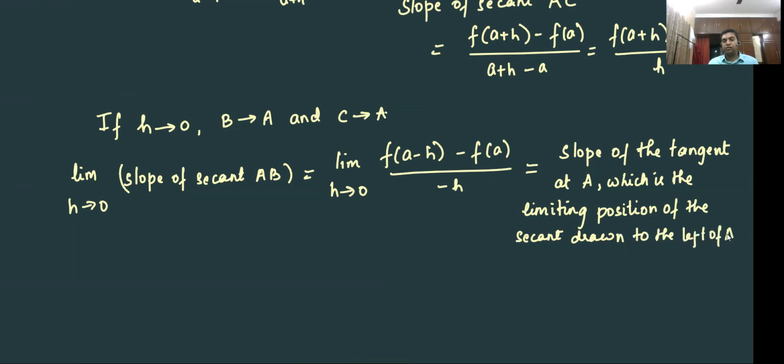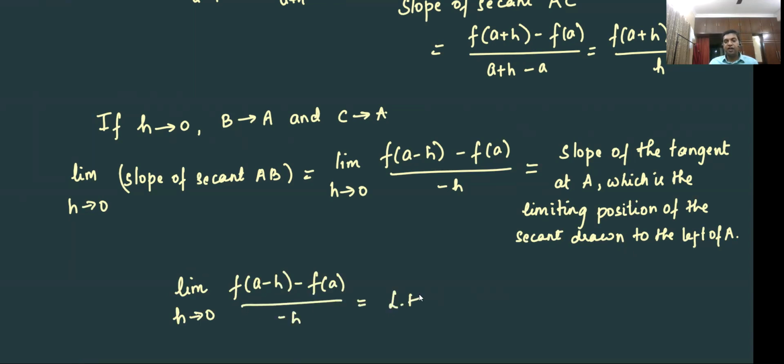Now this limiting point, h tends to 0, f of a minus h minus f of a by minus h, is called the left hand derivative.